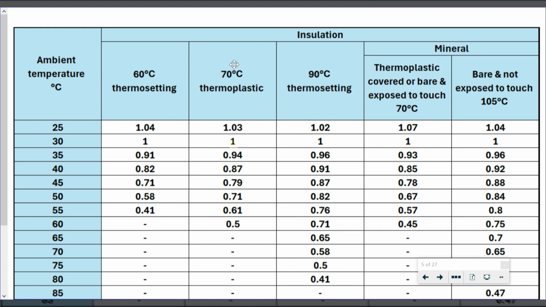So we go down the 70 degrees C thermoplastic column and across from the 30 degrees C, and you'll see that the correction factor there is 1. In fact, if you look at the heading for this table, it tells you that the temperature we're using as our base is 30 degrees C. So we have that 1 as our correction factor.